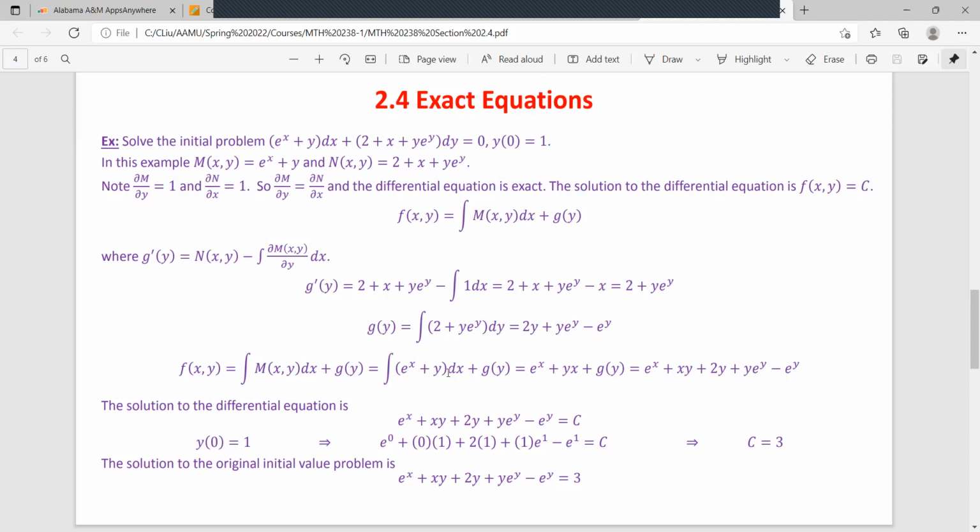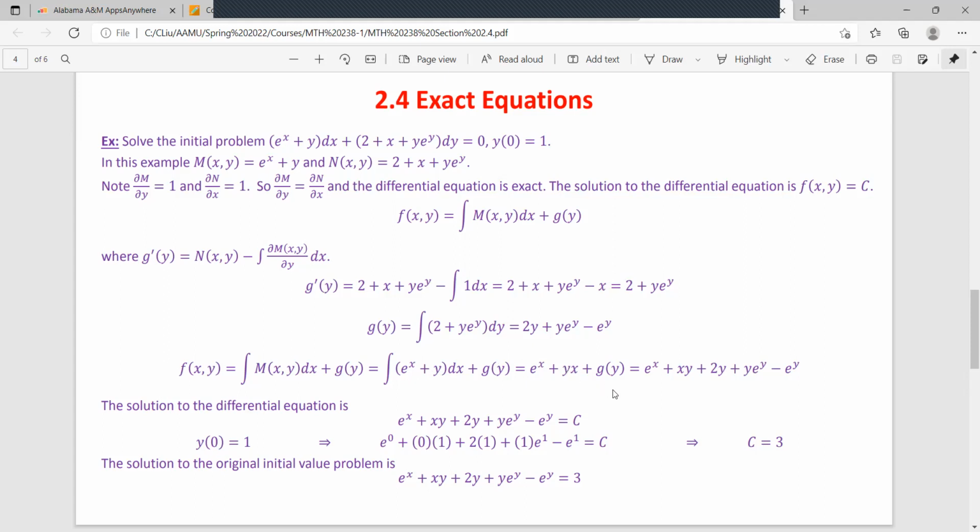When you do that, you just treat y as a constant, just like you do with derivatives. So when you integrate e to the x with respect to x, you get e to the x itself. When you integrate the y with respect to x, you treat the y as constant. So that's just y times x. All right. Just imagine y is a constant.